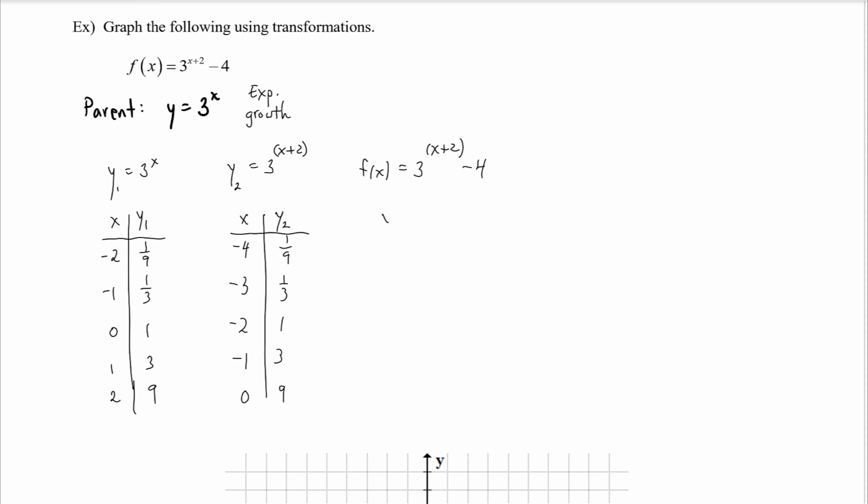So everything's going to get shifted down, including my horizontal asymptote. So down 4, down 4, down 4, down 4, down 4.